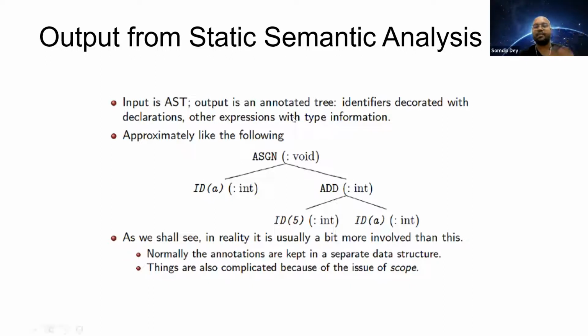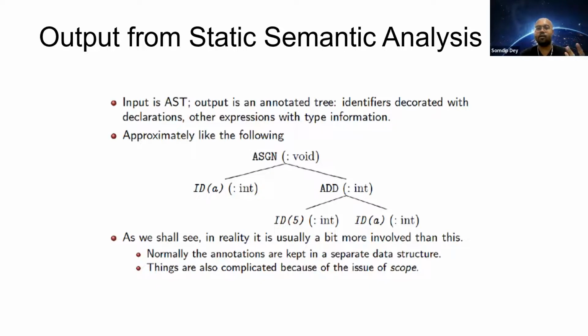Let's take an example. If you have the input a equals 5 plus a, that's the expression as the input. It generates the tokens a, equal, 5, plus, and a.